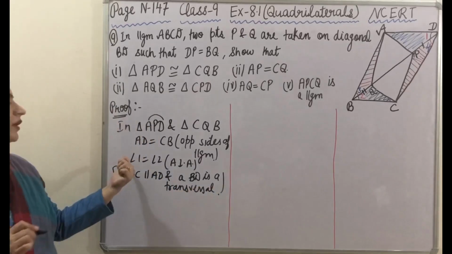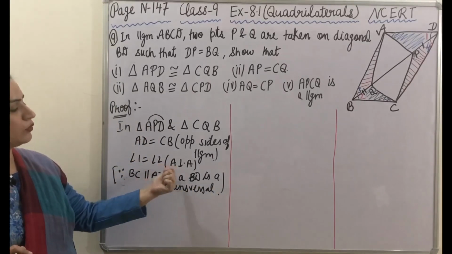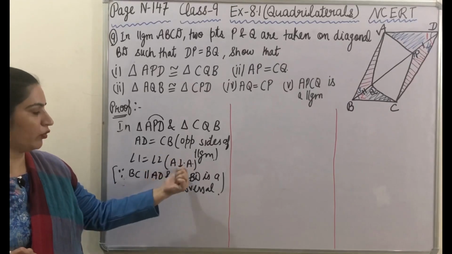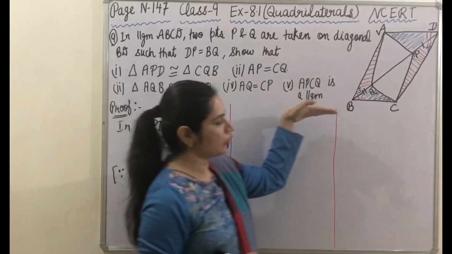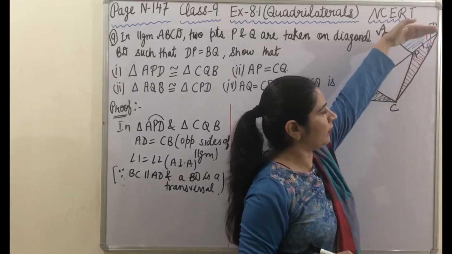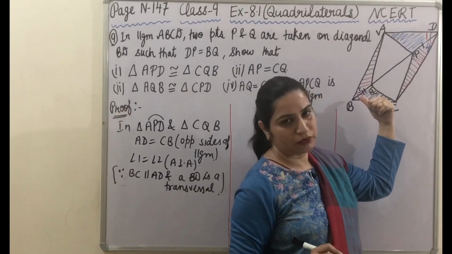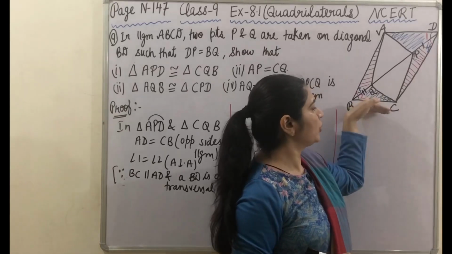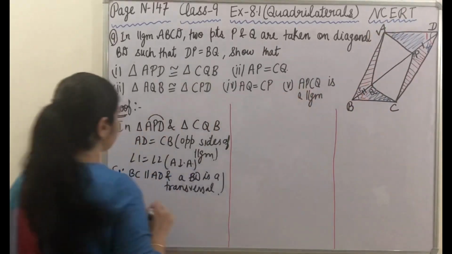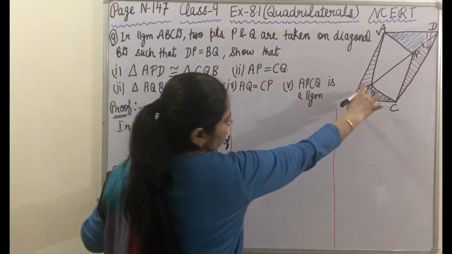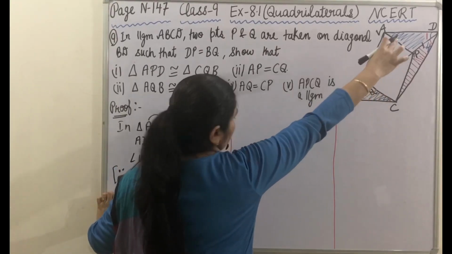If you simply write angle 1 is equal to angle 2, alternate interior angle, and you do not mention which pair of parallel lines you are taking, there will be a deduction. So you have to mention which pair of parallel lines you are taking. And the third element is the given condition, BQ is equal to PD.